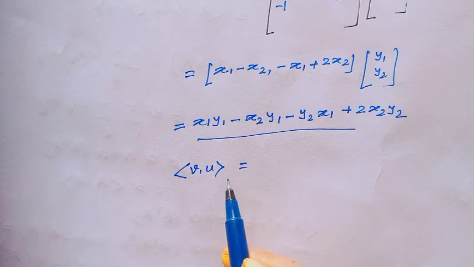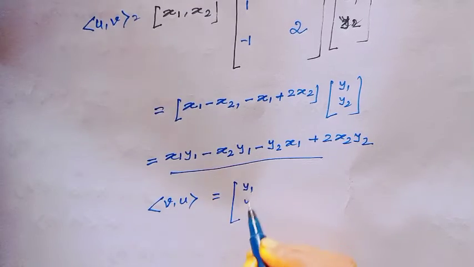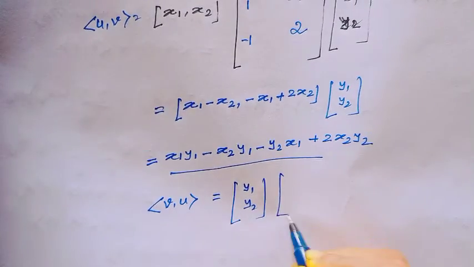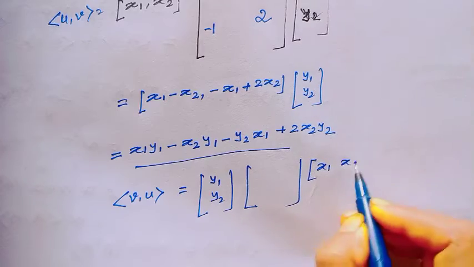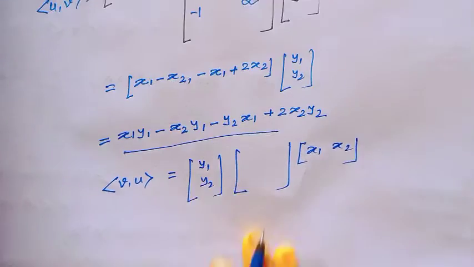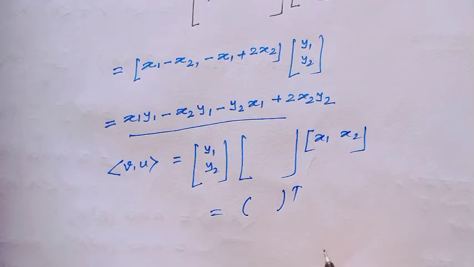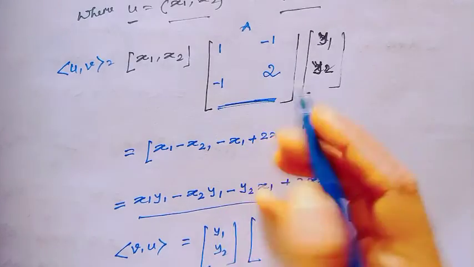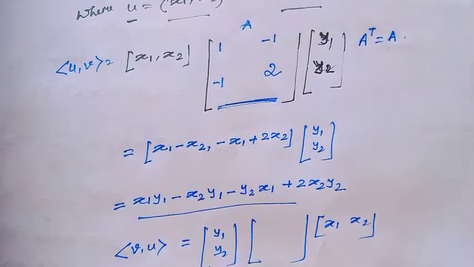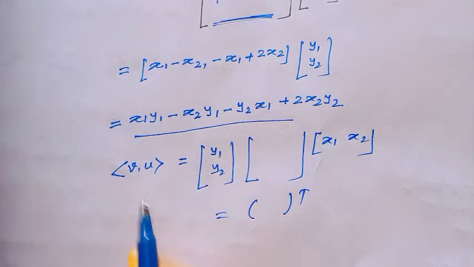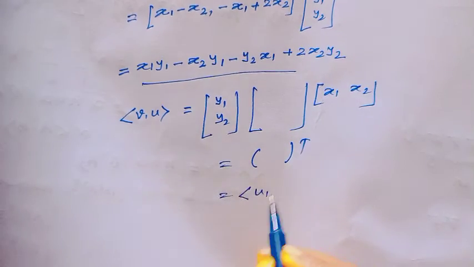So inner product of v, u would be, just changing, y1 y2, then this matrix, and then x1 x2. This is actually a transpose, and since this matrix is a symmetric matrix, that means A transpose is always equal to A. So actually inner product of v, u is the same as inner product of u, v.